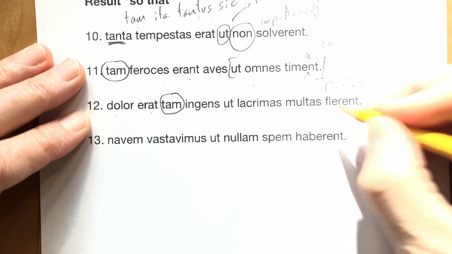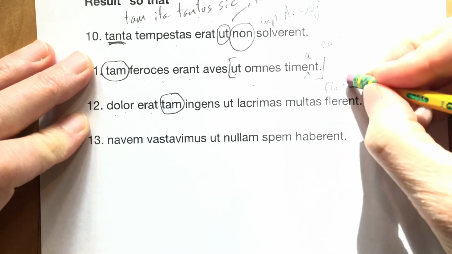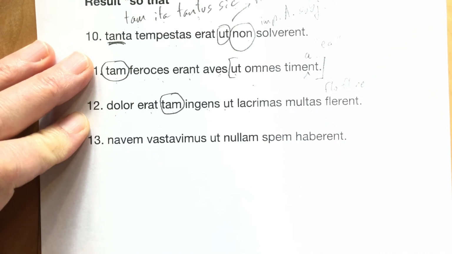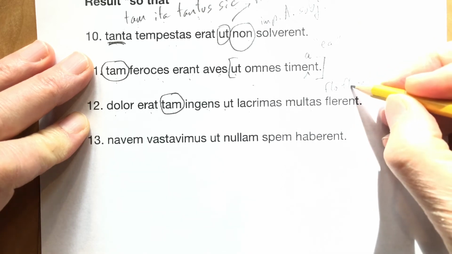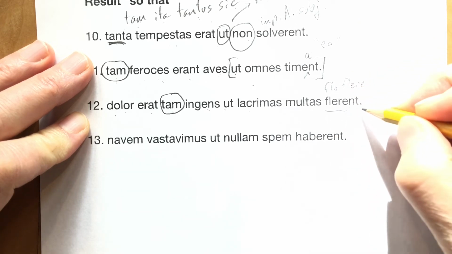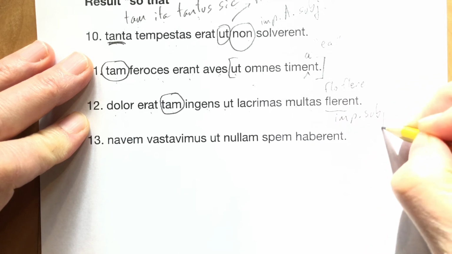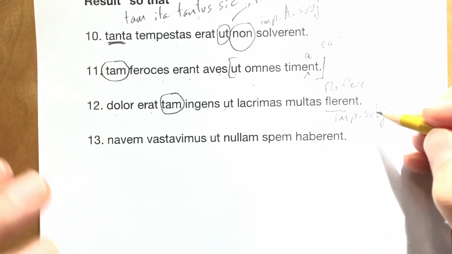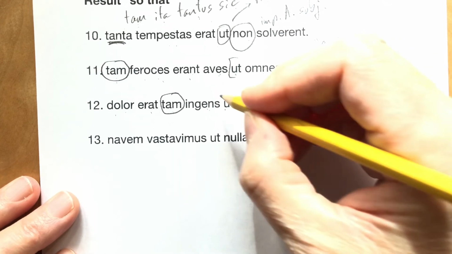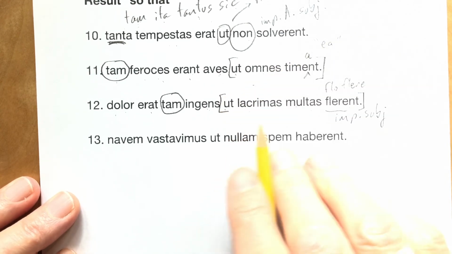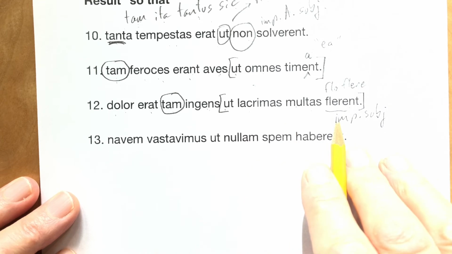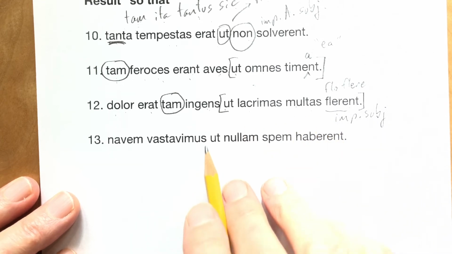Whew, too many typos here. So you can see the infinitive in there, flere. So that is the imperfect subjunctive again. All right. Result clause. Not a purpose. They don't have a purpose in crying tears. It's the result of such great sorrow.